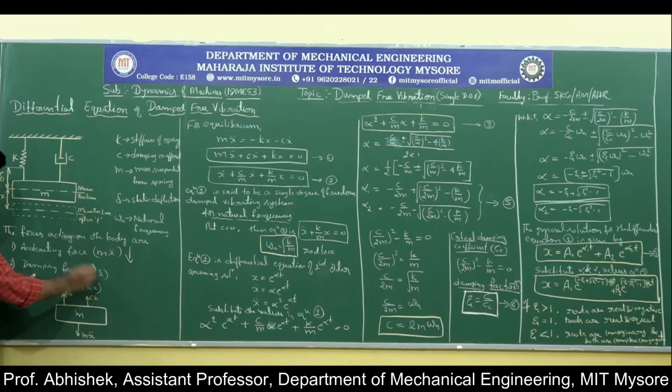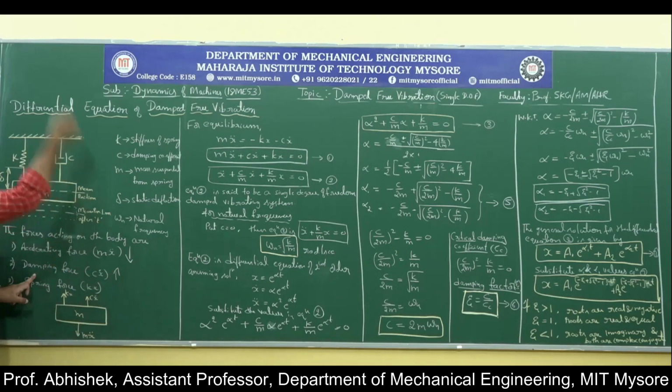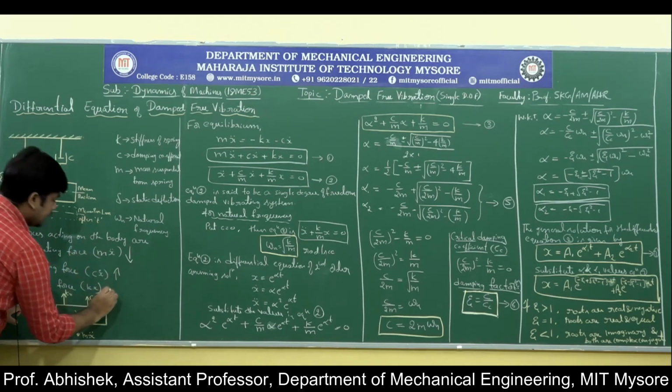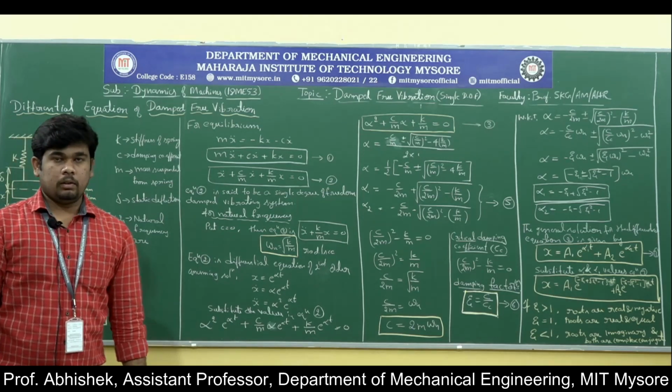Then we have a damping force. Damping force is nothing but, here we are using a damper with a damping coefficient, and it acts in the opposite direction, resisting towards the upper side. In the same way, we have a spring force, which is also upward, and only the accelerating force moves in the direction of motion.